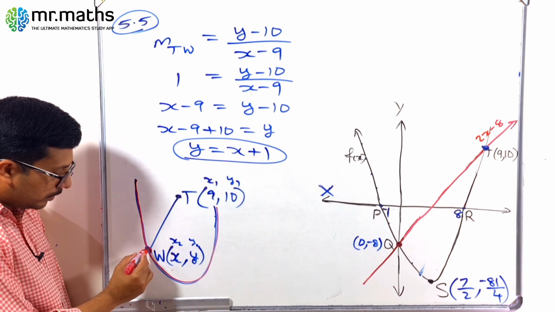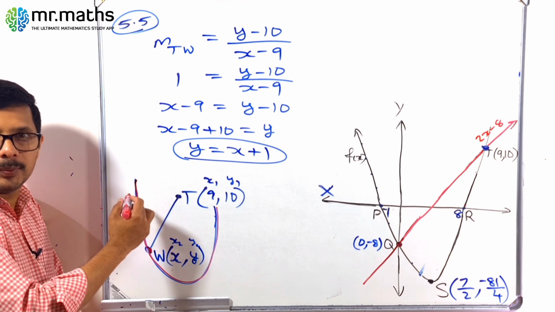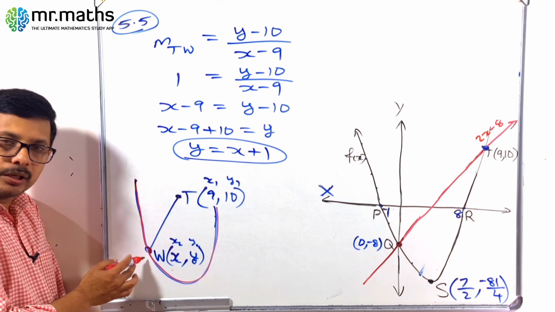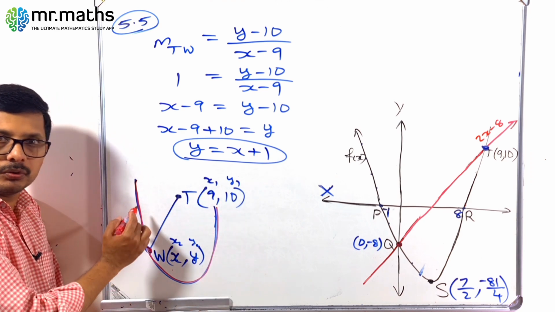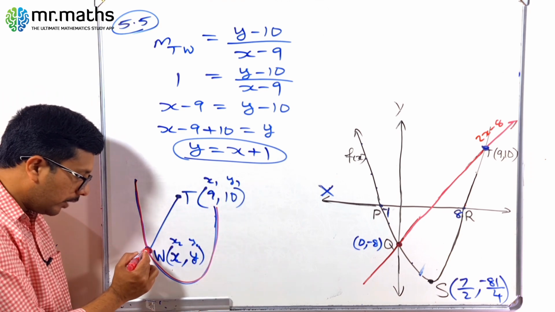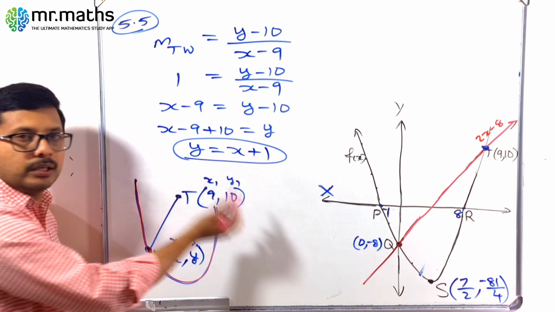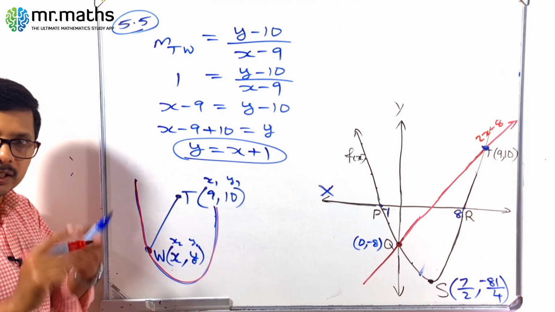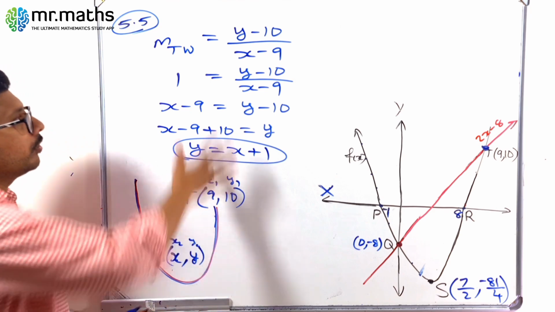Point W is a point on this line, and also a point on f of x. So at that particular point W, x plus 1 and the equation of f of x are equal, because that is an intersecting point. So first you have to write up to here.